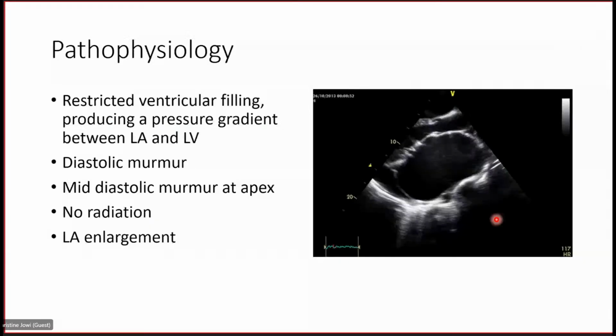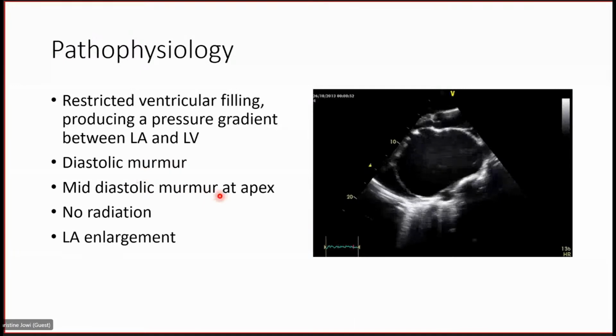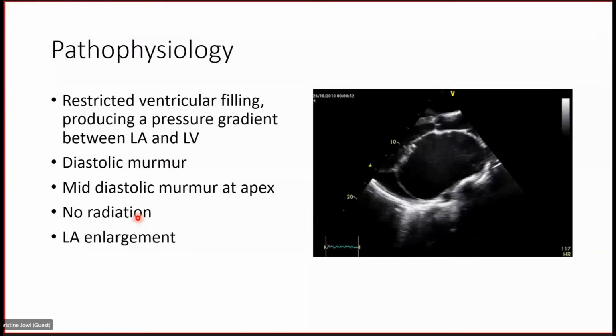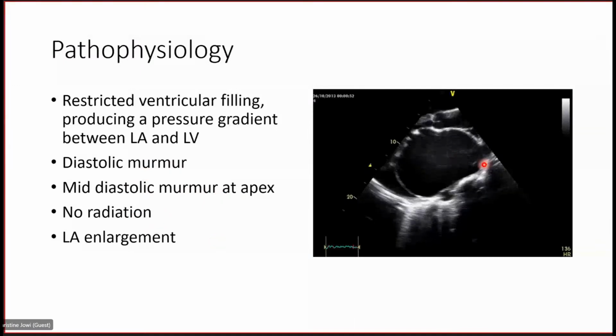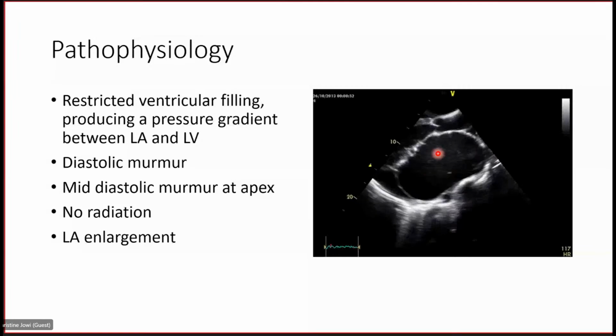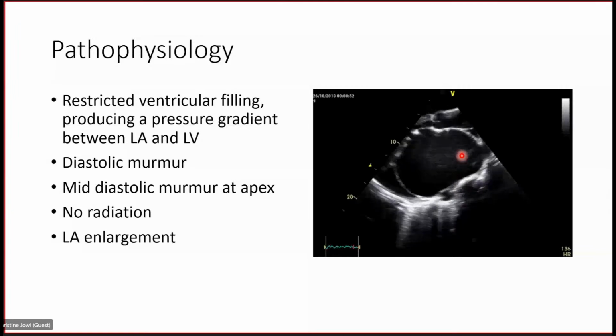So we have a restricted filling pattern. We have a diastolic murmur, which is a mid-diastolic murmur at the apex with no radiation. And this picture is supposed to show you severe mitral stenosis with a very big left atrium. And this very big left atrium is where our symptoms come from.